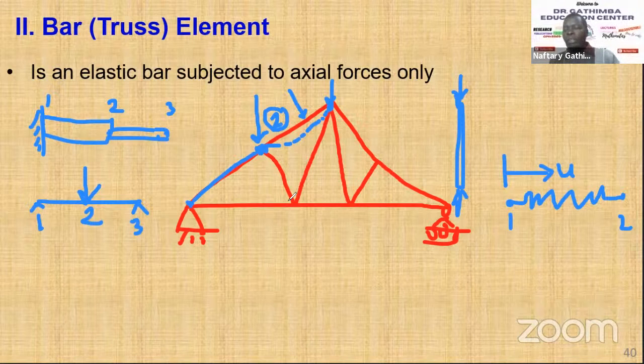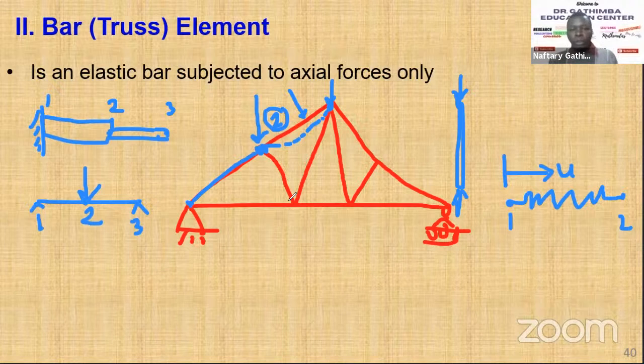You start solving for the unknown degrees of freedom, which in this case, because you are using the direct stiffness method, the force-displacement method, means that the displacements are the unknowns. After that, you solve for the elemental strain. That is, you start the recovery stage to get the internal stresses and strains in the member. And finally, you need to interpret your result.